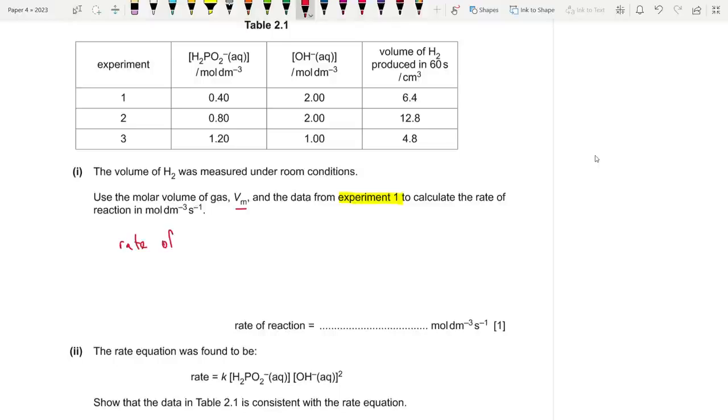So the rate of reaction is equal to 6.4 divided by 24,000. So that's moles. We just converted to moles, and this occurred in 60 seconds time. So this divided by 60. What's the value? 6.4 divided by 24,000 divided by 60 gives you a value of 4.44 times 10 to the power minus 6. Fine.